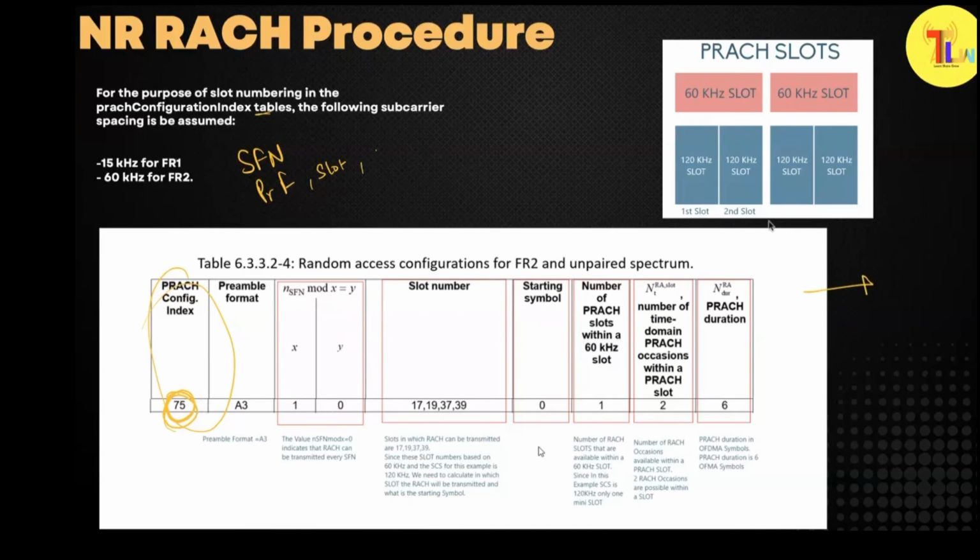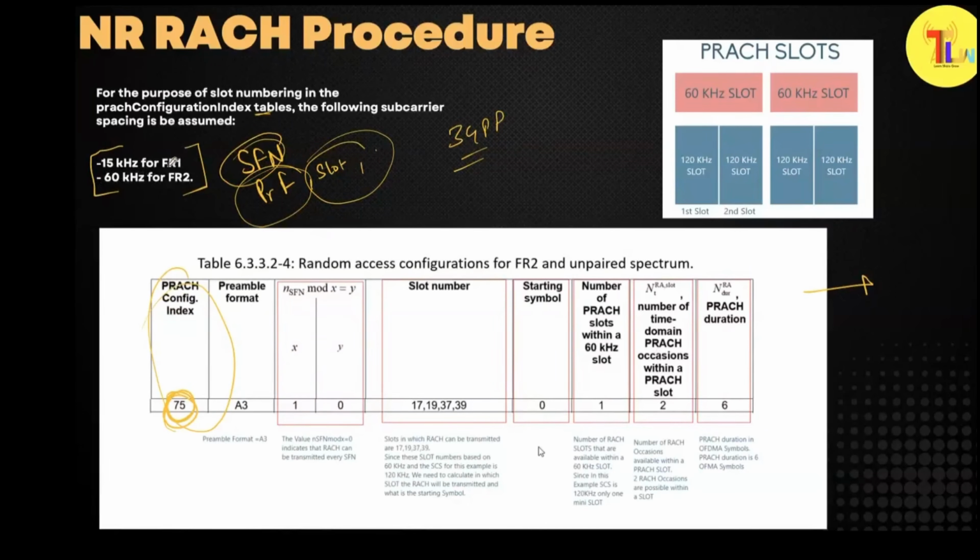This table, just give me a second. We will be able to understand my system frame number, then in which slot I'll be sending out the PRACH, that is your subframe, then what preamble format to be used. Depending upon that I'll be sending out. But as per 3GPP, we have lots of subcarrier spacings, for message one, and normally also.